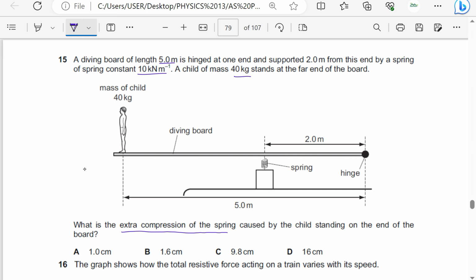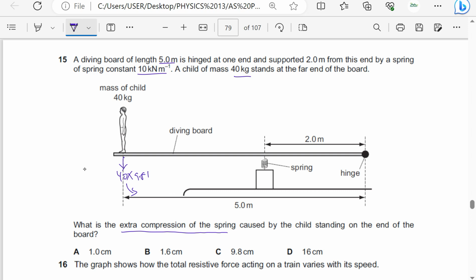Okay, so the weight of the child is going to be, of course, 40 times g, which is 9.81, and this is going to be causing an anti-clockwise moment. They didn't mention that it is uniform. So here we have a hinge. The question is, what is the extra compression?